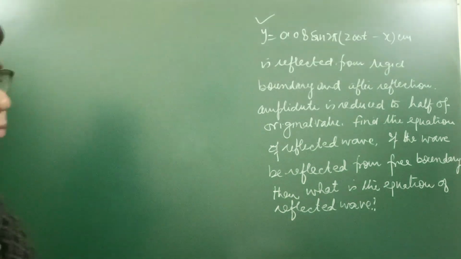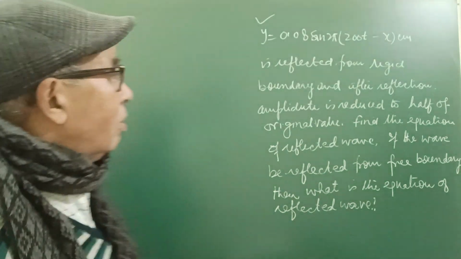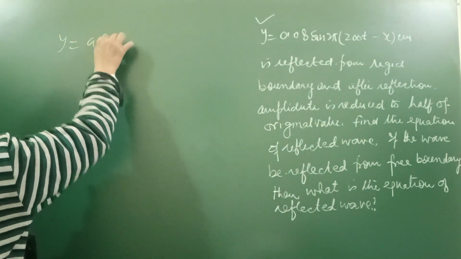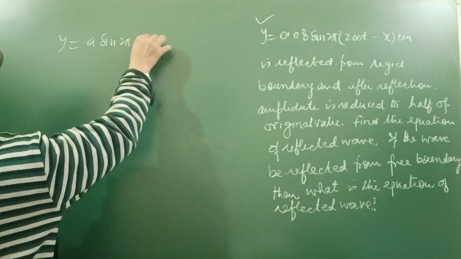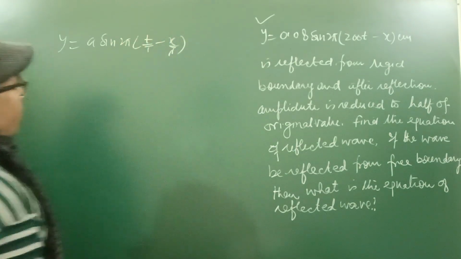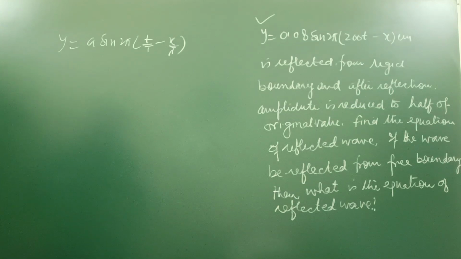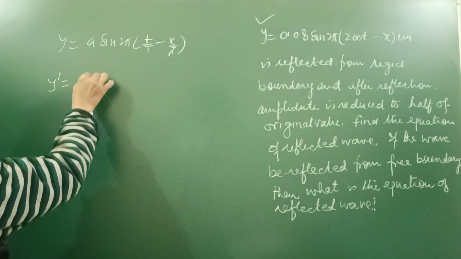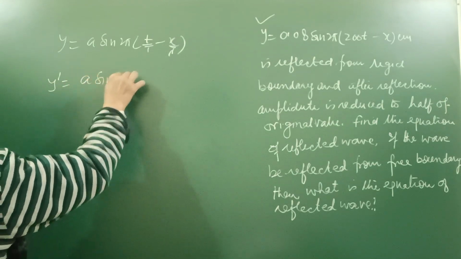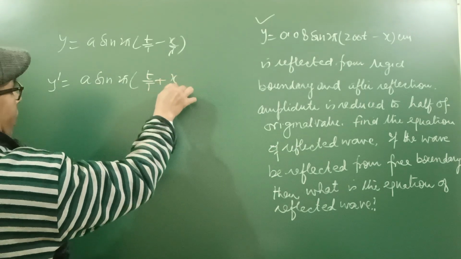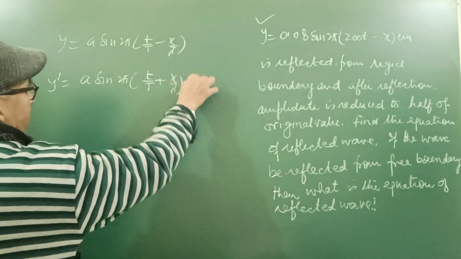You know, if y equal to a sine 2 pi (t upon T minus x upon lambda) is reflected from rigid boundary, there occurs a change of phase of pi radian, and we can write it as a sine 2 pi (t upon T plus x upon lambda) plus pi.